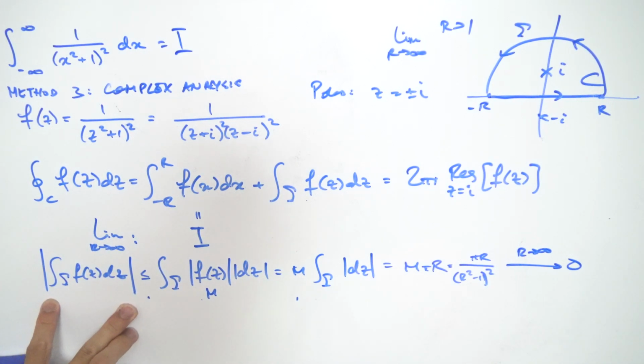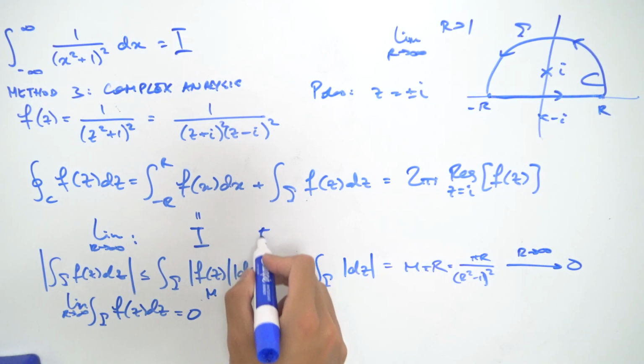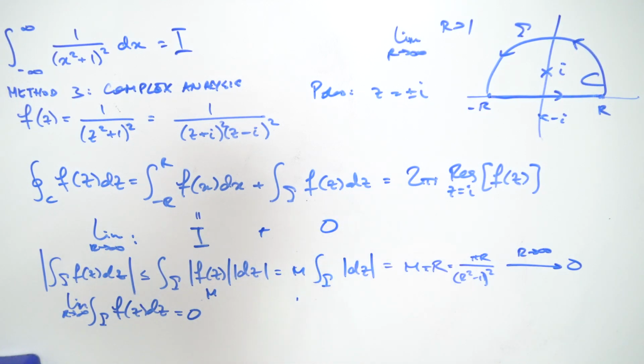So the absolute value of the integral over gamma of f of z dz is bounded above by 0 in the limit, so obviously that means that the integral over gamma of f of z dz must be equal to 0 in the limit as r approaches infinity. So in the limit as r approaches infinity, this integral over gamma contributes absolutely nothing to the contour.